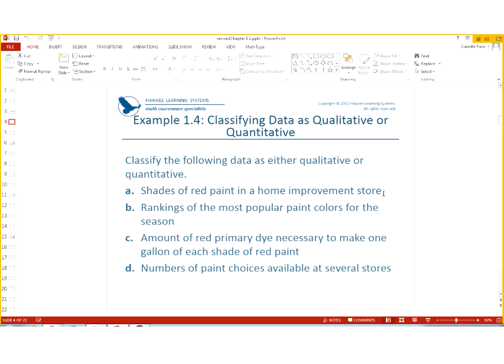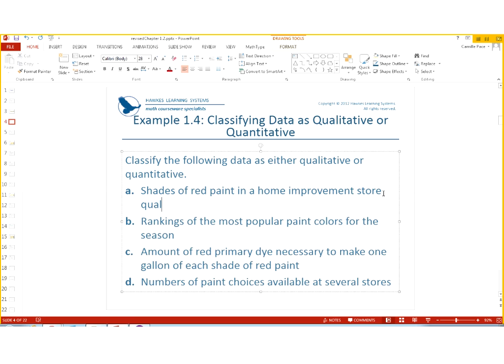Shades of red paint in a home improvement store. For this one, it would be qualitative because it is colors, right? So you could have light red, dark red, barn red, okay, and all these things are named. So those are qualitative.